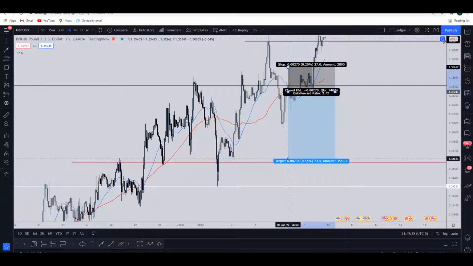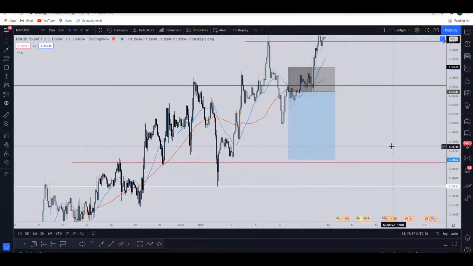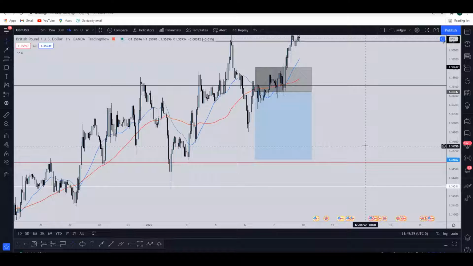It's right here. Yeah, because I saw two days ago the price came up and rejected. I saw three rejections right there at that point of resistance, and I put a big lot.